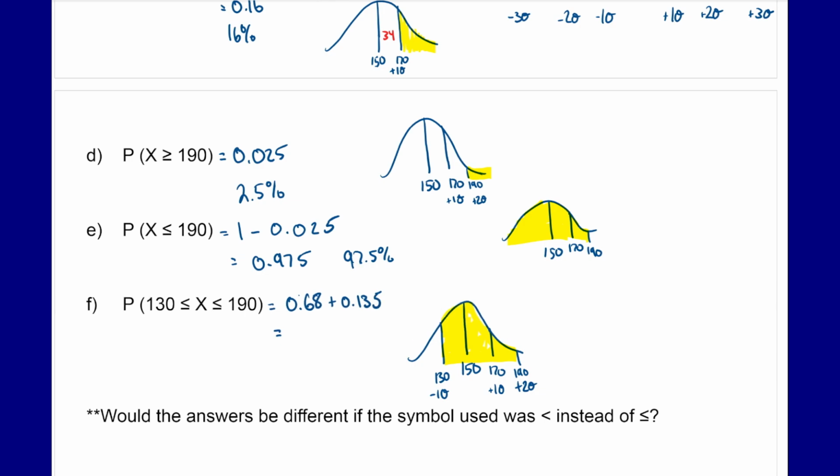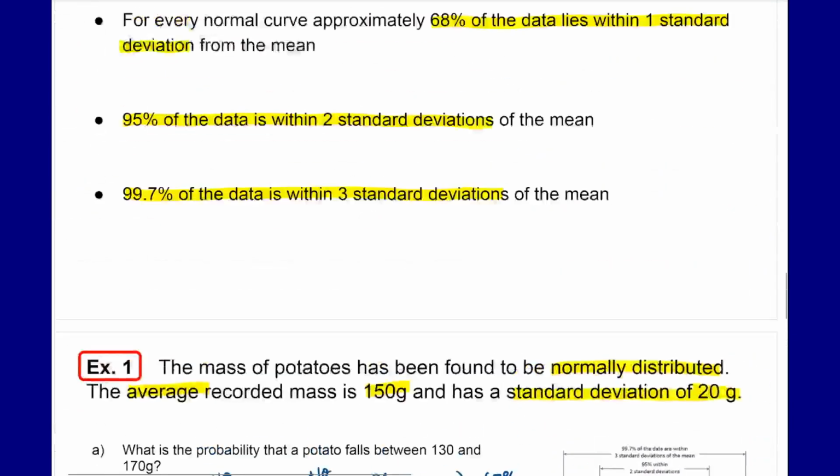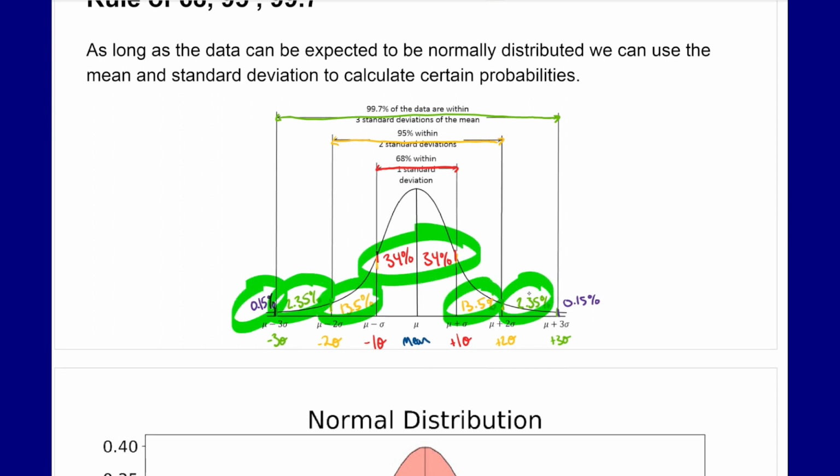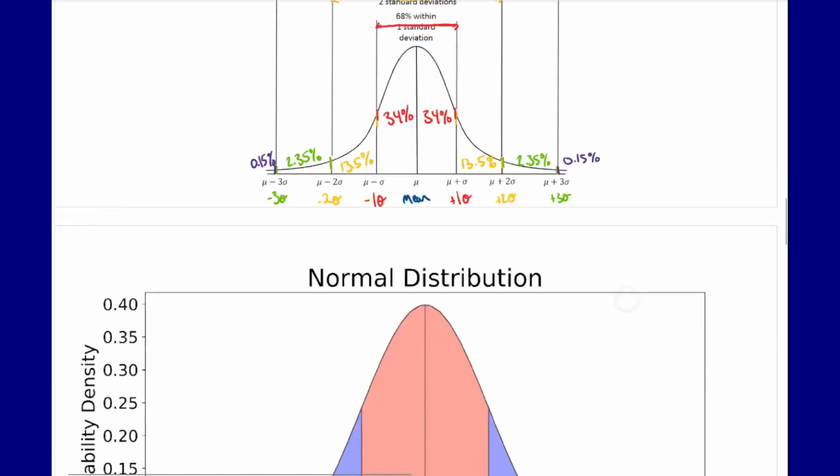So again, it does help. I'm kind of going off the top of my head, but it does help to go back and look at these values, right? Because when I'm referring to adding different values, these are all the ones that I'm referring to. Those are all the probabilities that we're going to be playing around with and adding or subtracting.